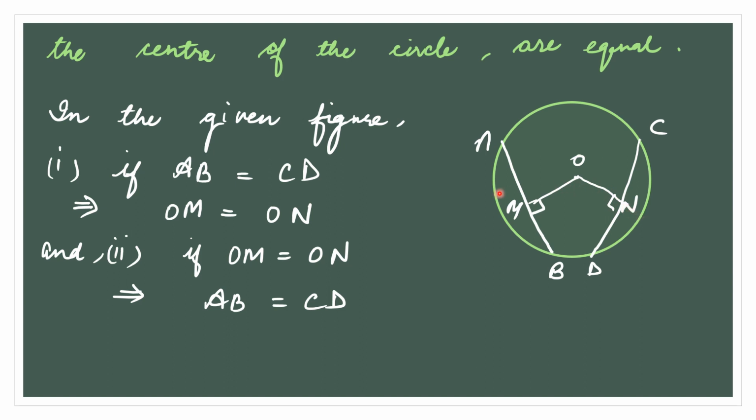So if OM and ON are equal, it means that AB is equal to CD. Understood children? In the given figure, if AB is equal to CD, it implies that OM is equal to ON, right? And secondly, if OM is equal to ON, then AB is equal to CD. Okay children, it was easy. You can understand this easily.